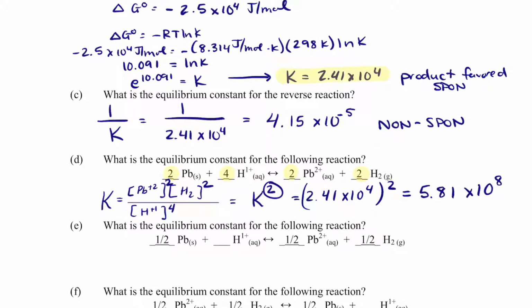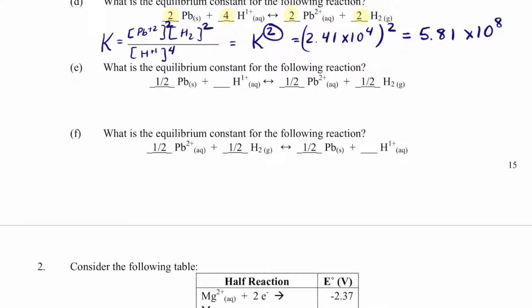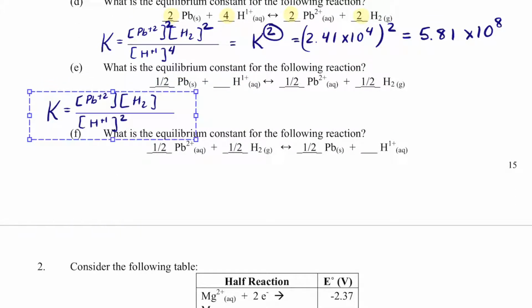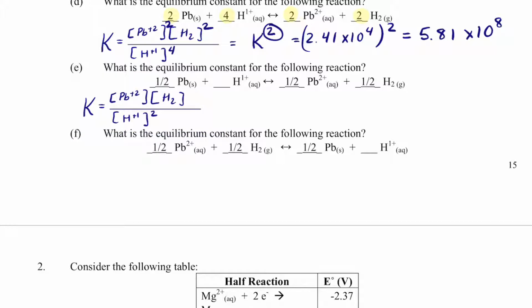On this next problem, what has happened is from the original reaction, I have divided my coefficients by 2. So what that means is my exponents will be 1/2, 1/2, and then just 1. So my K will be to the 1/2 power.